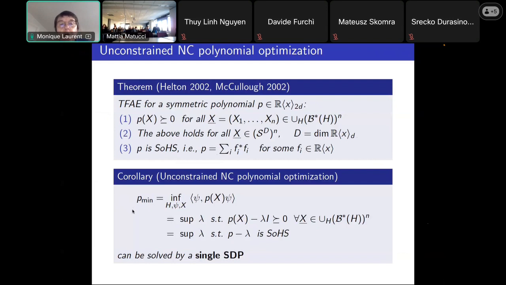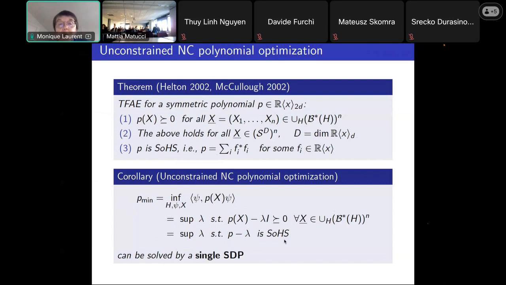As a corollary, unconstrained non-commutative polynomial optimization, which is the infimum of this quantity without constraints, is actually a single SDP. It is the sup of lambda such that p of x minus lambda identity is PSD, which is given by this single SDP: sup lambda such that p minus lambda is a sum of Hermitian squares.